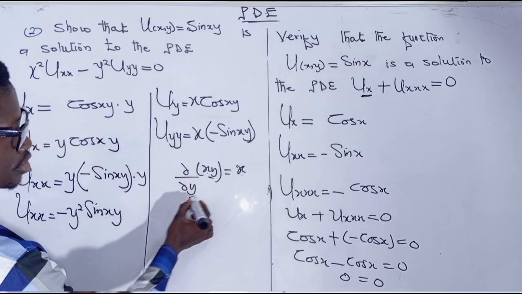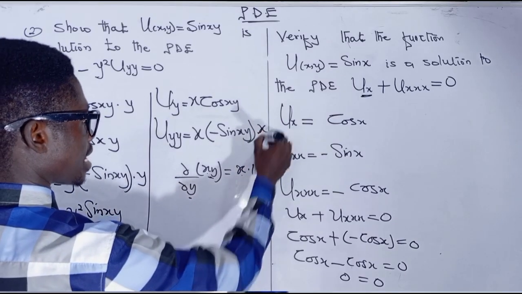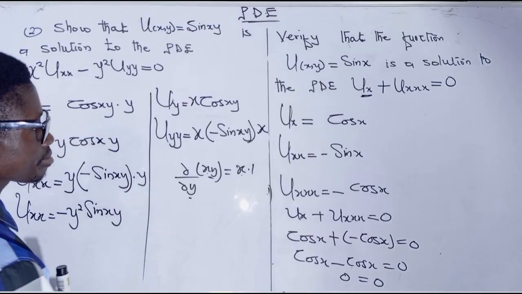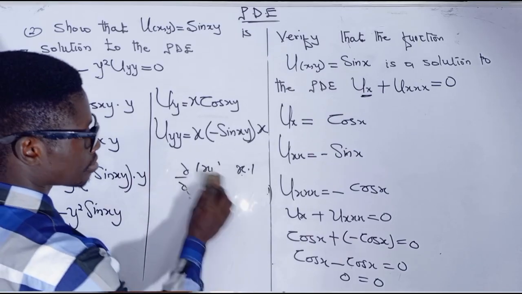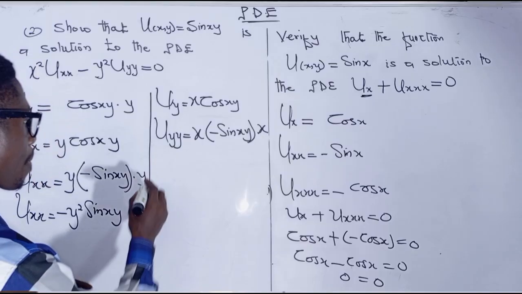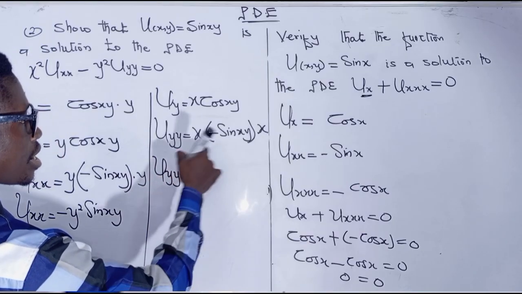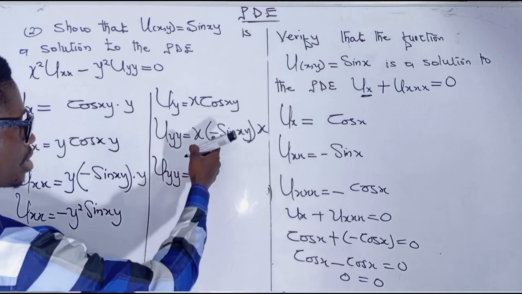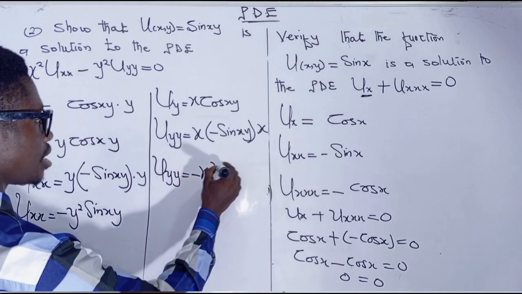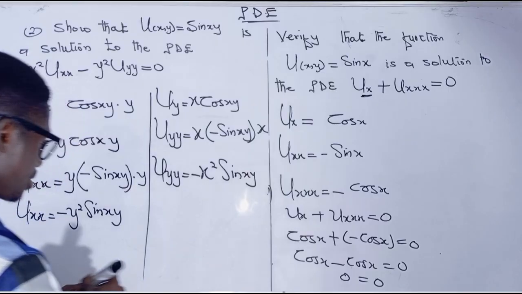Then we differentiate y with respect to y, we have 1. So we have multiplied by x. x times x will give us x squared.